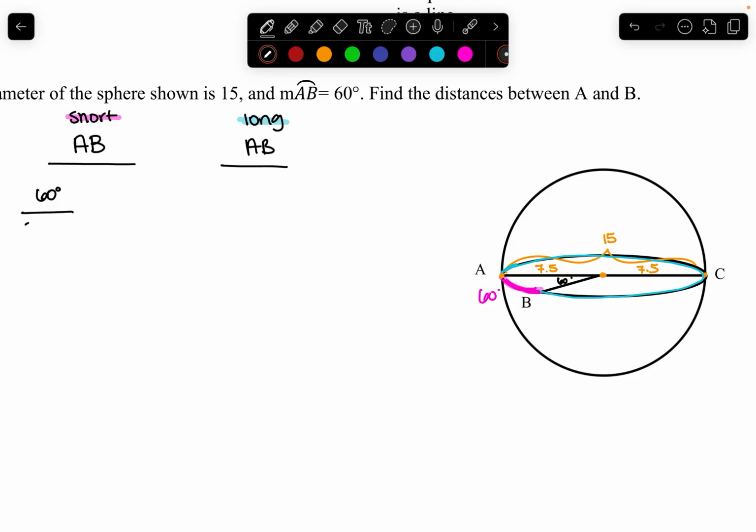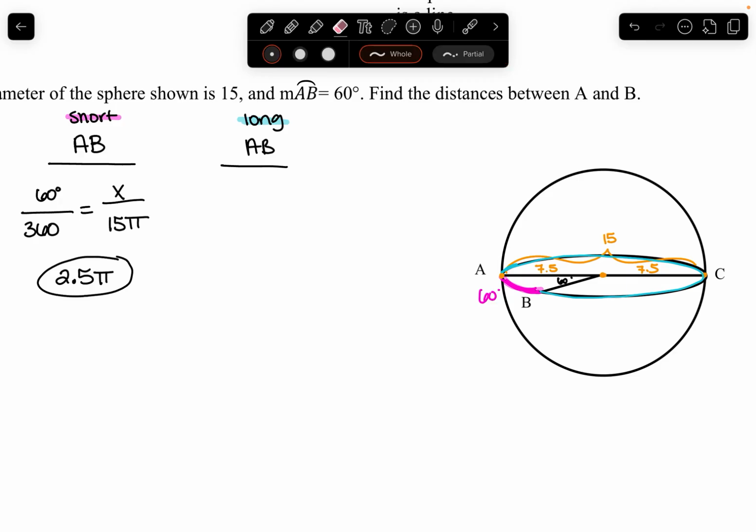So 60 over 360 is going to equal my arc length over the circumference. Circumference is 2 pi r, so this should be 15 pi. So we've got 15 times 60 divided by 360, and we get that the short distance is 2.5 pi meters.